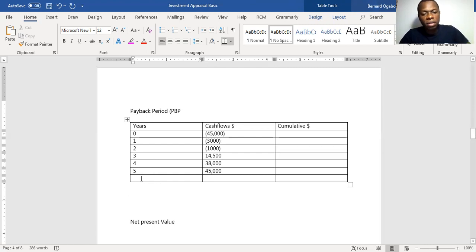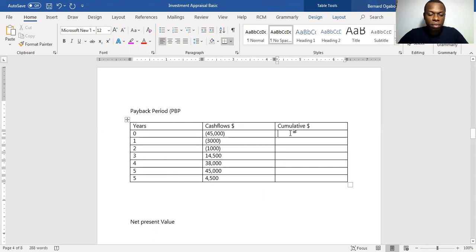And in this same year 5, I'm going to have a residual value. Since it is cash flow, I'm going to recognize the scrap value of 5,000. Sorry, the scrap value is 4,500, not 5,000. So I'm having 4,500.